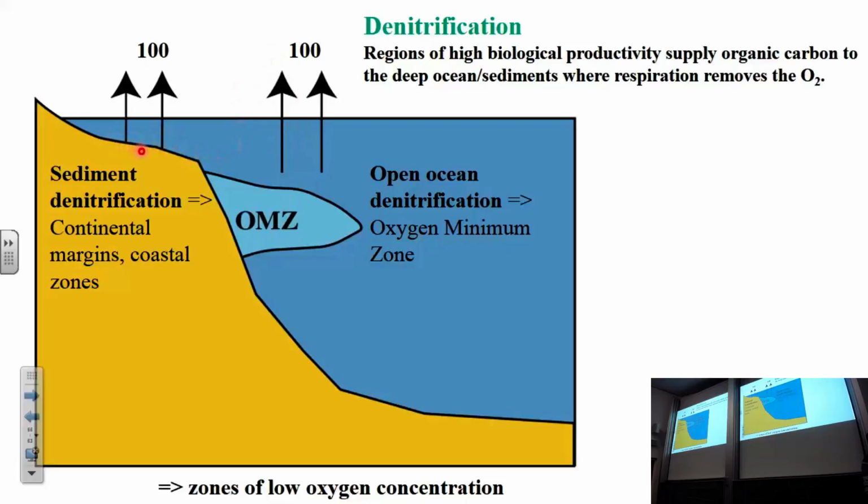Or in sediments, you might start to use up all of the oxygen in the pore water as the organic matter in the sediment is respired. When you have lots of organic-rich sediments, you can also have anoxic conditions in the sediment, even if the water column has lots of oxygen in it. That can also be a source of this loss of available nitrate, this denitrification, forming nitrogen gas and nitrogen oxide.